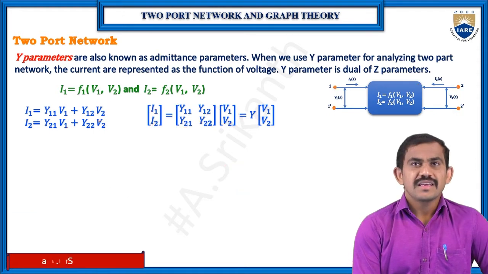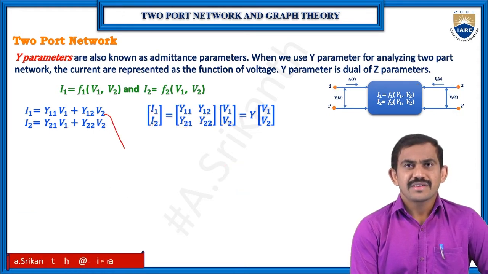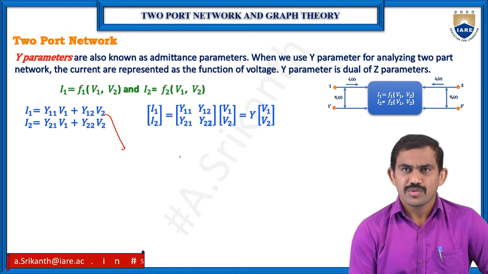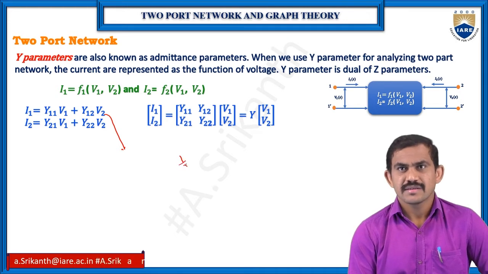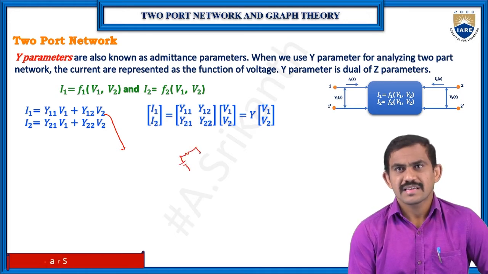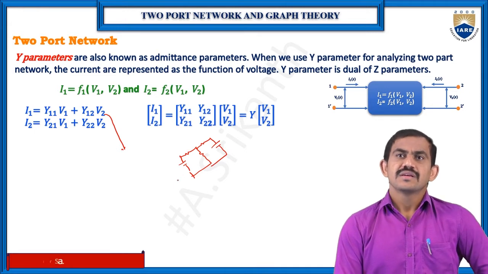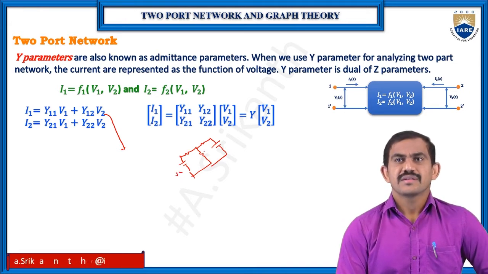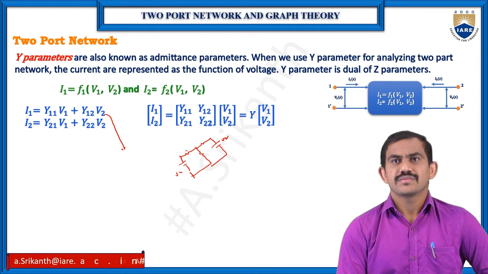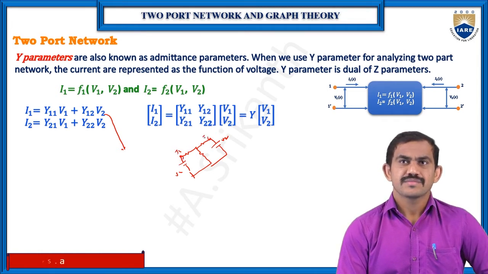So from this equation, I1 equation, suppose I have some supply here, some network, any type of network. So this is a small network. Here V1 and V2, and here suppose I1 and I2.